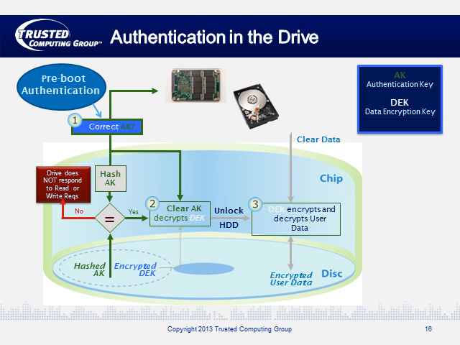Then that key is used to decrypt the encrypting key. This isn't getting too complicated. The encrypting key itself, when I personalized the drive, was encrypted with the authentication key. So from that moment on, I don't even store the encrypting key in the clear on the drive, only its encrypted value. So the encrypting key is decrypted with the authentication key, and the drive is off and running as an encrypting drive, is unlocked. So all of this, as I say, is driven by the drive electronics as a pre-boot exercise before the operating system is loaded.